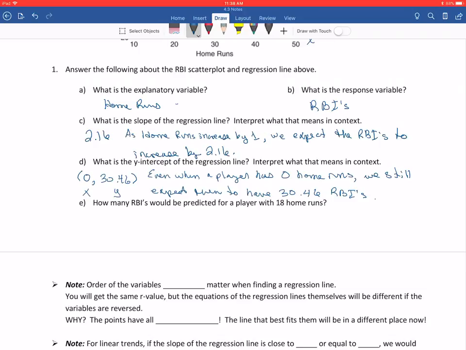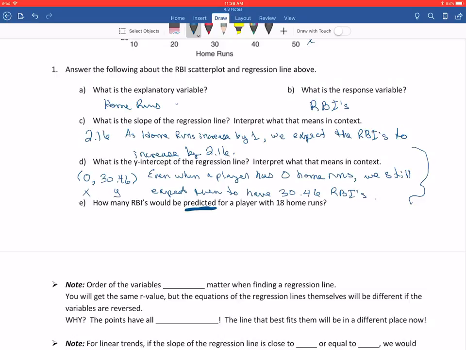So even if a player has no home runs, we still expect them to have about 30.46 RBIs. They're going to ask you in your homework problems to interpret these two. So there is an example right there of how to write your sentences or what kind of sentences you should be looking for. Okay, how many RBIs would be predicted for a player with 18 home runs?